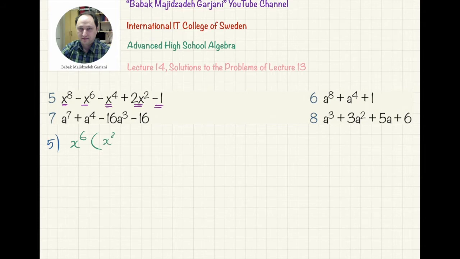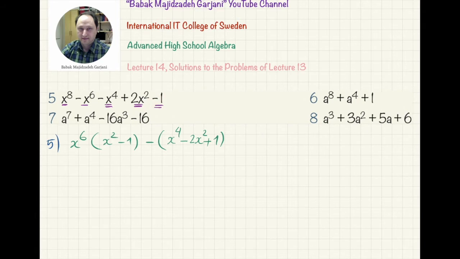It becomes x squared minus 1. And as I told you, take a negative sign out. It becomes x to the 4 minus 2x squared plus 1. Yes? If you multiply this negative sign inside, this one becomes negative as it should be. This one becomes positive as it should be. And finally, the last one becomes negative as it should be.